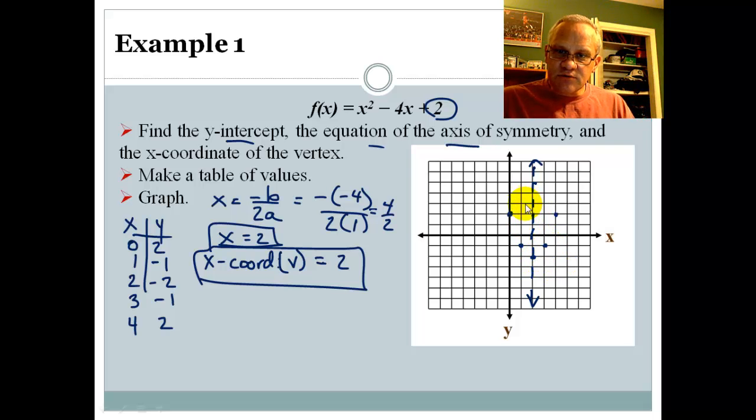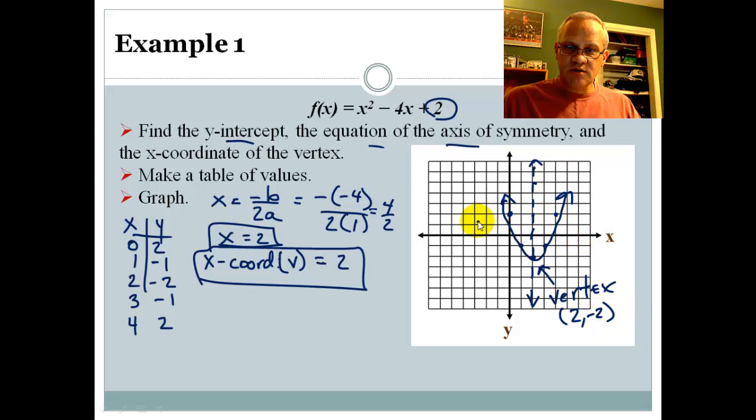And then the last thing that we're going to try to do here, and this is going to be a little hard for me on this program, but I'm going to try to draw a parabola here best I can. Okay, pretty close. It's a little harder to draw on this than on regular paper. And so right here, that's our vertex, which was 2, negative 2.